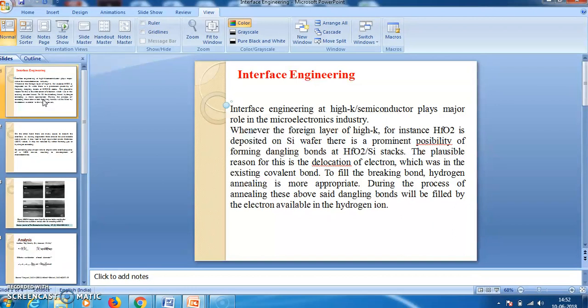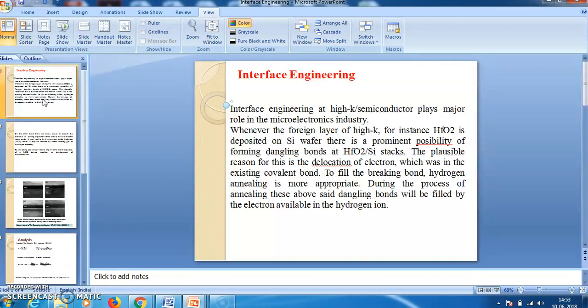This hafnium oxide is generally deposited using different techniques, physical vapor deposition and chemical vapor deposition techniques, such as sputtering, MOCVD, ALD. All these techniques people are following industrially to deposit thin high-K layers.